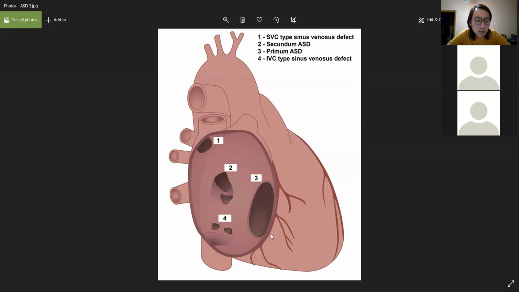First was partial AV septal defect, second partial AV canal, third partial atrioventricular septal defect. And another one is atrioventricular septal defect with communication on atrial level.